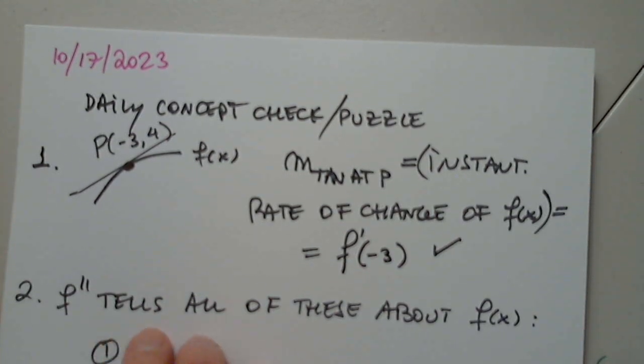The second derivative tells all of these about the function. What does the second derivative tell us about the function? What does it give? If you don't like tells, give.